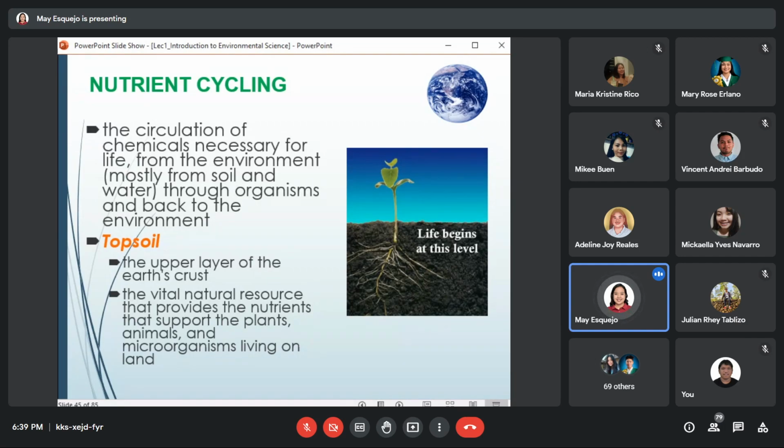Okay, so here is an example of the soil, and then the nutrients are recycled here, and then back to the organism, and then absorbed by the plant, and then the dead organisms' nutrients, yung galing doon sa mga decomposed organisms, so balik ulit siya sa soil, and that kind of process.